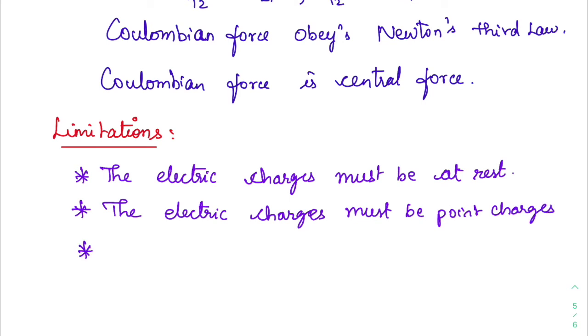And the separation between the charges should be greater than the size of the nucleus of an atom. Because for distances less than 10 power minus 15 meters, the strong nuclear forces dominate over the electrostatic force. So the distance of separation should be greater than the size of the nucleus.